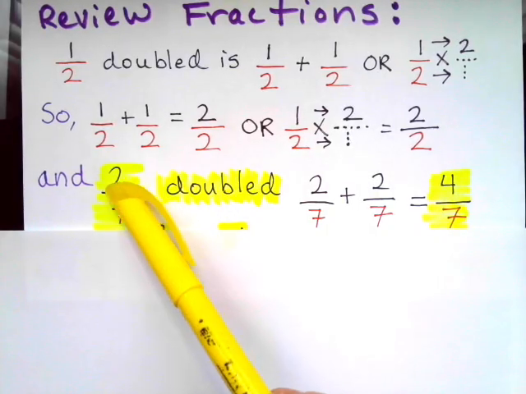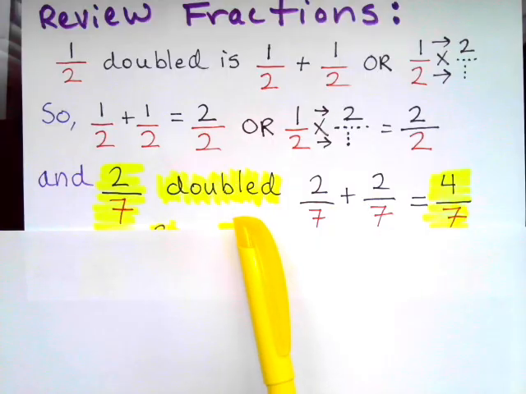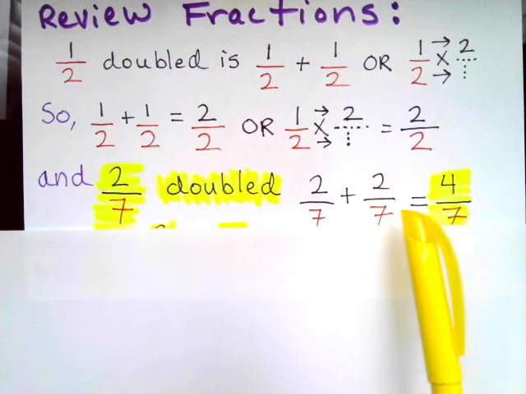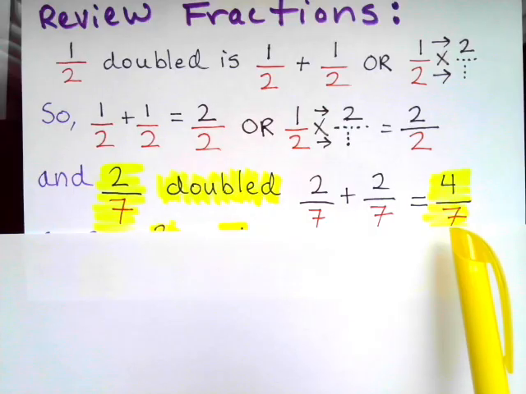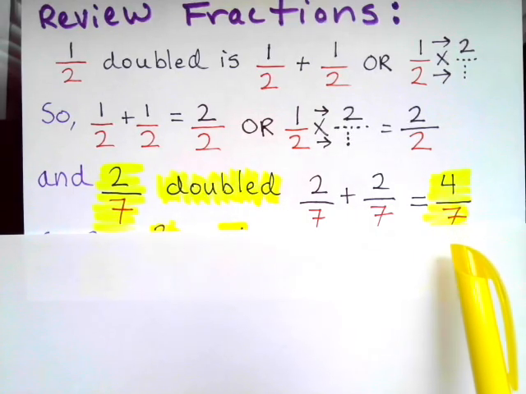So if we double 2/7, remember 2/7 x equals 31 was the original part of the problem. If we double 2/7, that's 2/7 plus 2/7, which is 4/7. If 2/7 x equals 31, then what does 4/7 x equal?